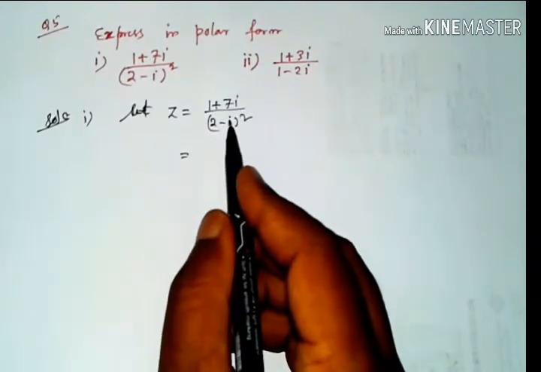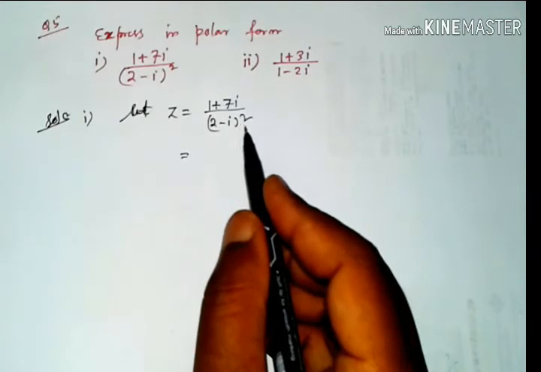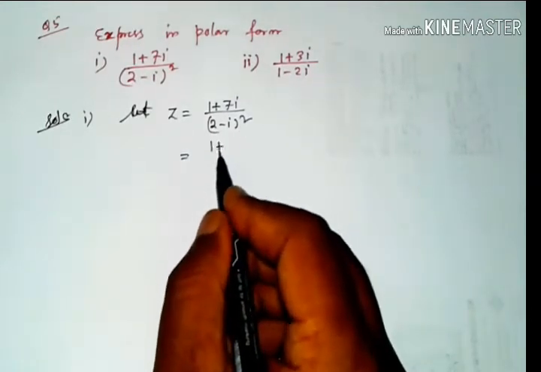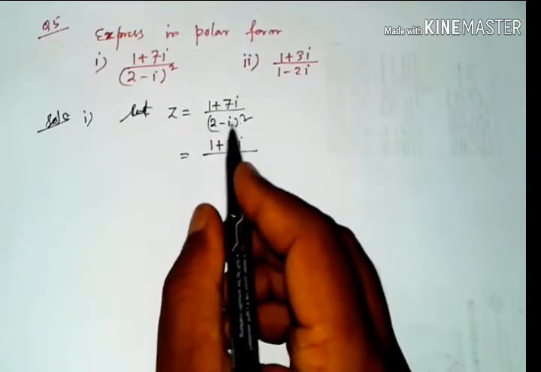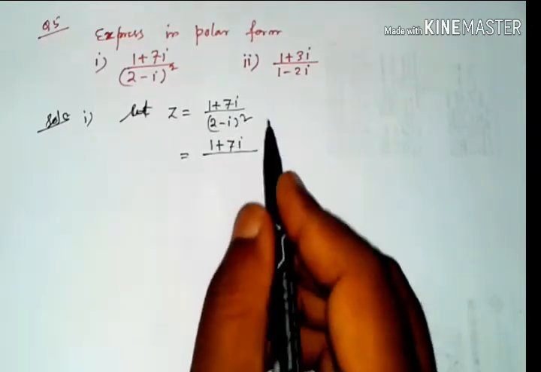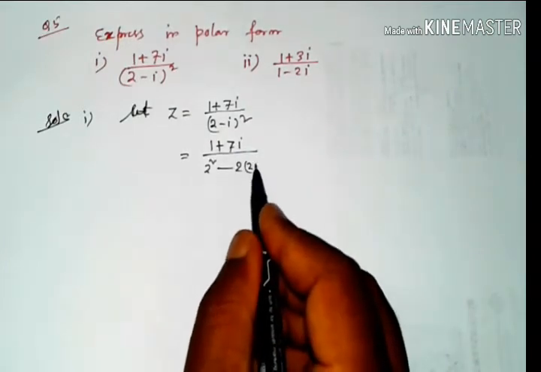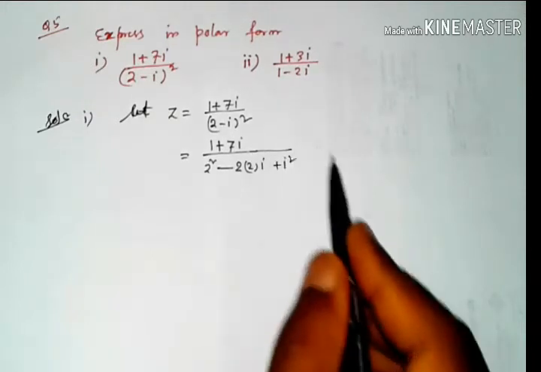It is not in a plus ib form. Therefore, we have to make it a plus ib form. For this, at first we split this term. 2 minus i whole square, which is the a minus b whole square formula. Therefore, 2 square minus 2 into i, twice ab, plus b square.